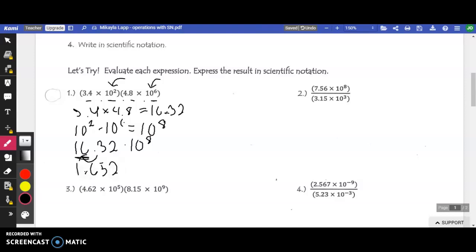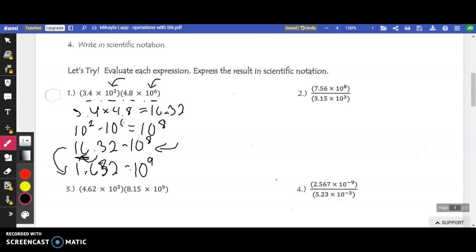But obviously, we just divided this by 10 to go from 16.32 to 1.632. So if we divided this by 10, it'll even out if we multiply one more 10 on this one. So if we multiply by one more 10, now we've got 10 to the ninth. Okay? And that is our answer for problem number 1.